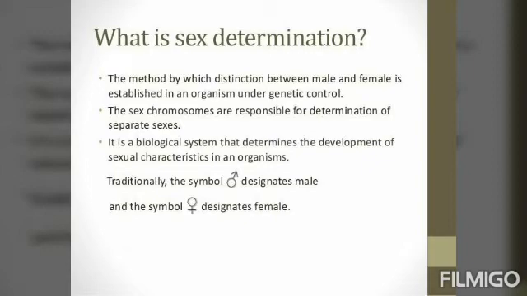The symbol ♂ denotes the male and the symbol ♀ designates the female. These are the basic factors responsible for the determination of an individual.